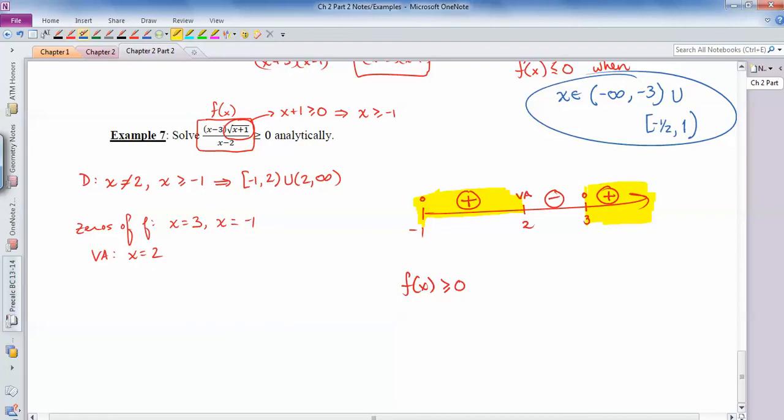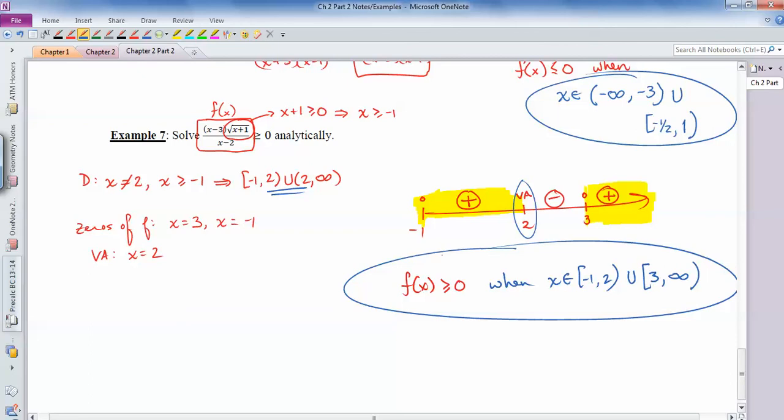So my solution is going to be when x is in the intervals, starting at negative 1, going up to 2, but not including 2 since that's a vertical asymptote, so it's not in my domain. And then also from 3 all the way up to infinity. So there it is. There's the solution. I hope that helps.